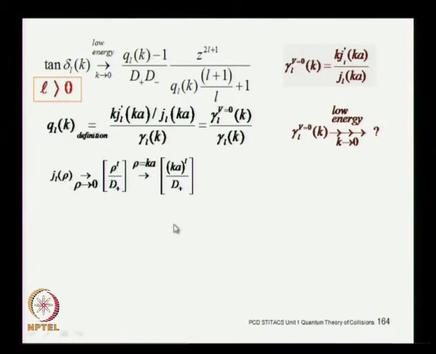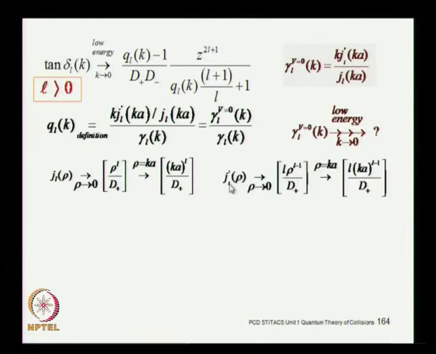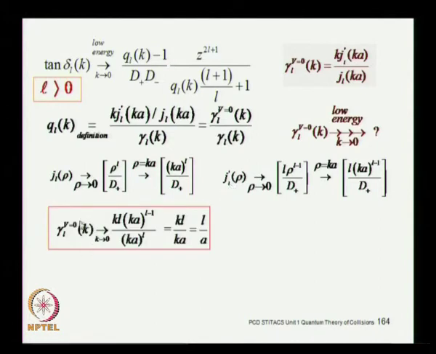So, this you can determine by taking the logarithmic derivative corresponding to the free particle, which is the Bessel function and its derivative, and you find that the logarithmic derivative for the free particle goes as l over a. That is the leading term. There are other terms and we can consider some of them as we need them, but this is the leading term. So, the leading term goes as l over a, and this means that q goes as l over a and it is multiplied by 1 over gamma, because that is the definition of q.